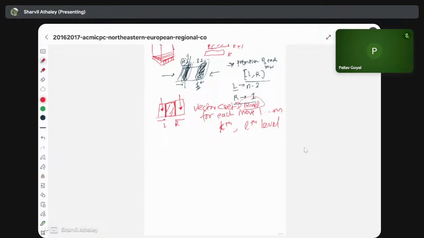This will store all the blocks that are removed at each level.